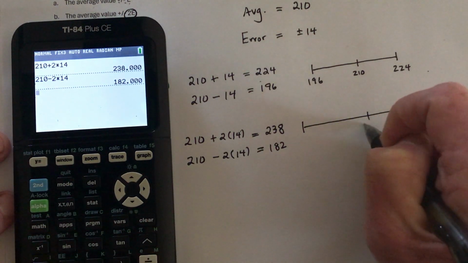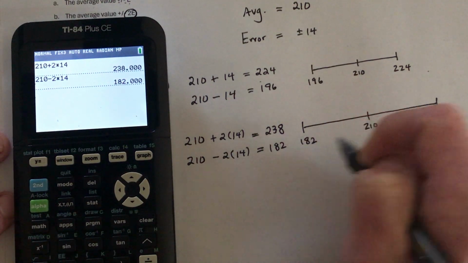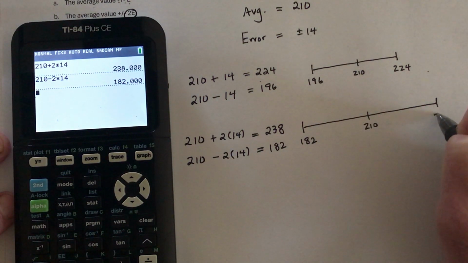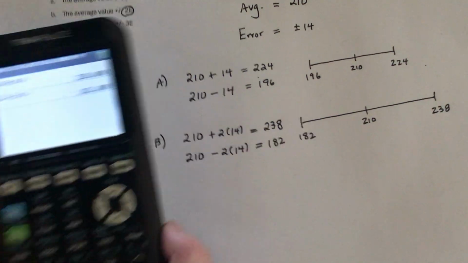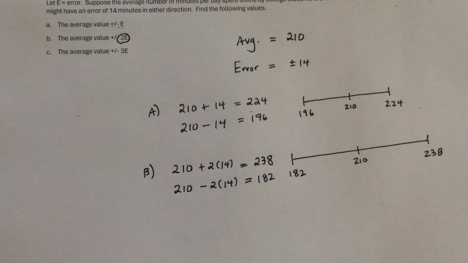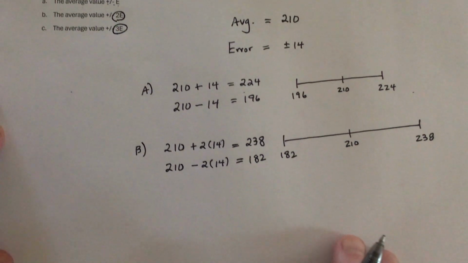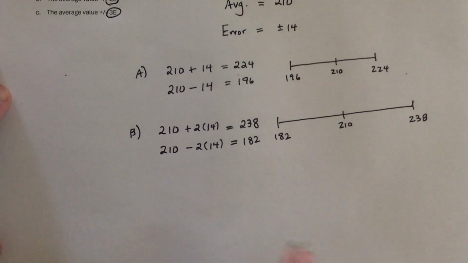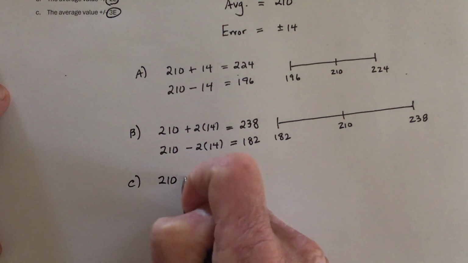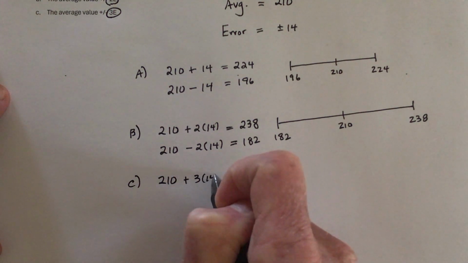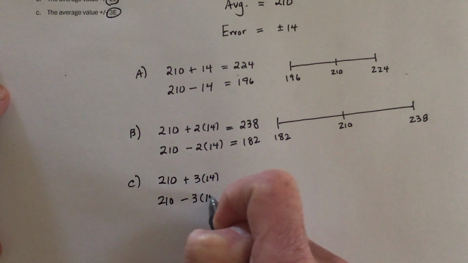The average of 210 would still be in the middle, but on the low side, it might be down to 182, and on the high side, it might be up to 238. And then one more. What if it's 3 times the error? So then for part C, take the 210 plus 3 times 14 and the 210 minus 3 times 14.